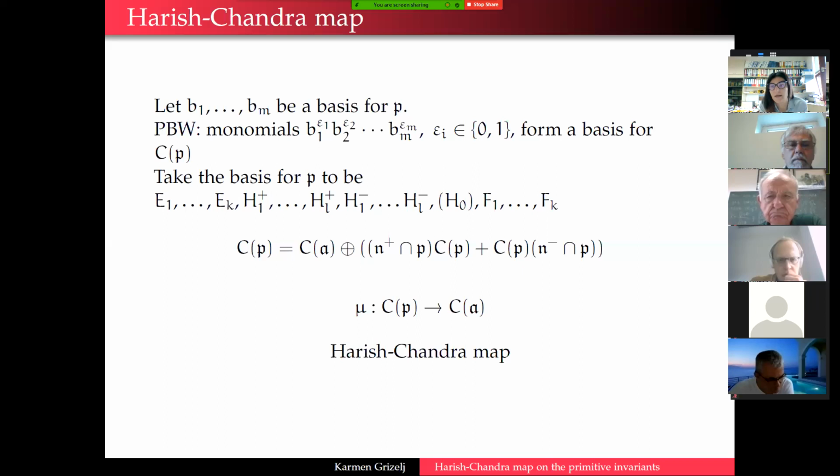So that's the first important result. Isomorphism onto all of C of A? Yes, yes. That is the proof I'm going to briefly show, so now you will see.